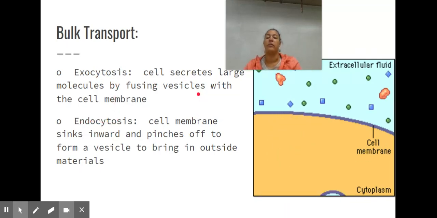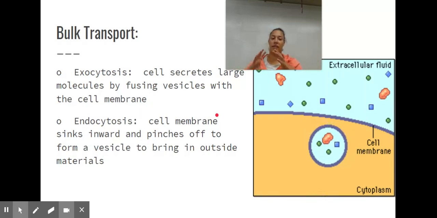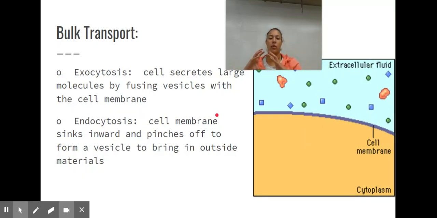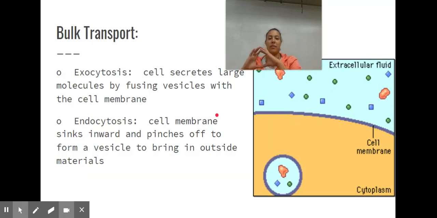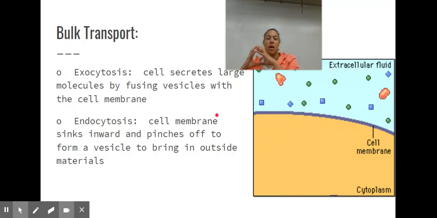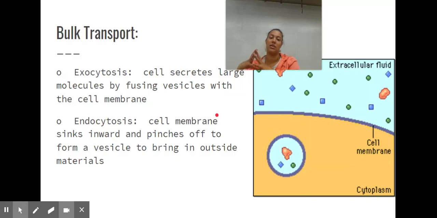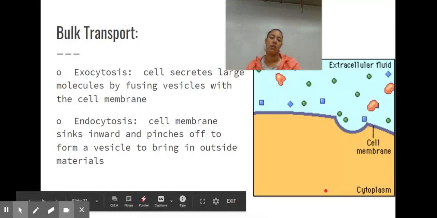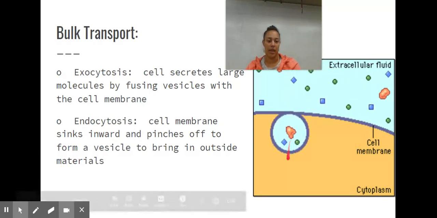Membrane-bound vesicles are going to contain whatever those molecules are, whether they're good or bad. They'll have them surrounded here. And then that vesicle is going to fuse with the plasma membrane, and then it'll either bring those molecules into the cell, if we're talking about endocytosis, or it will push them out of the cell, which would be called exocytosis.